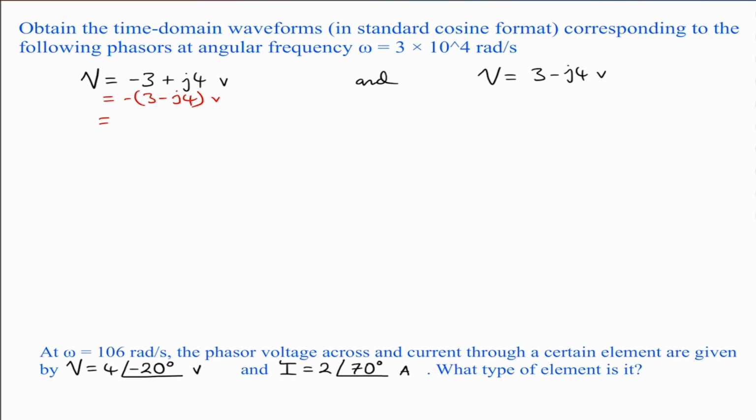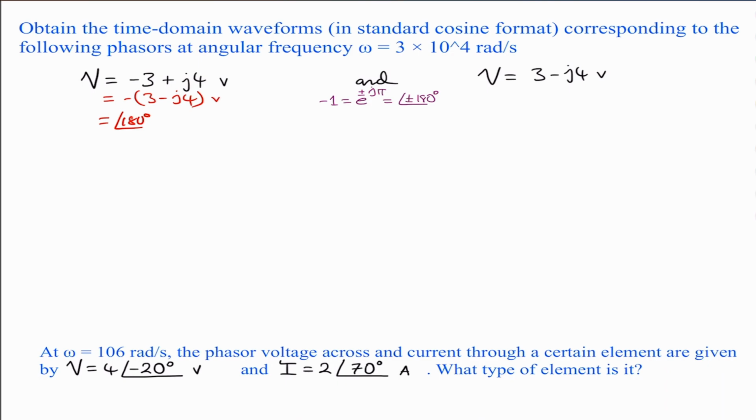From our properties, if we can recall, negative 1 is equal to e to the plus or minus j pi, which is equal to the angle plus or minus 180 degrees. So in our case, we can write down our angle of 180 degrees. And why we chose positive 180 is because before we factored out our negative 1, our j was positive, so we keep that positive angle.